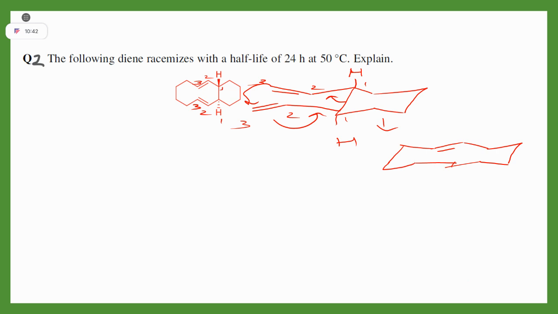So we have reached till here, right? And this bond will come here. And this is your newly formed bond.